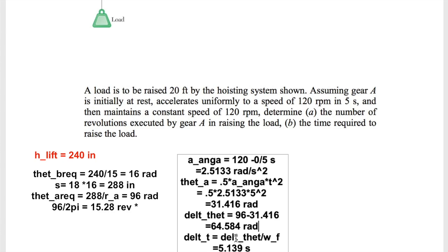So we take that theta that additionally moved up divided by the final angular velocity, which is this 120 RPM, and we get that the time it takes after that 5 seconds to get the load all the way up is 5.139 seconds. Add that to the 5 seconds we already went up, and we get about 10.14 seconds is the time to lift the load all the way up.